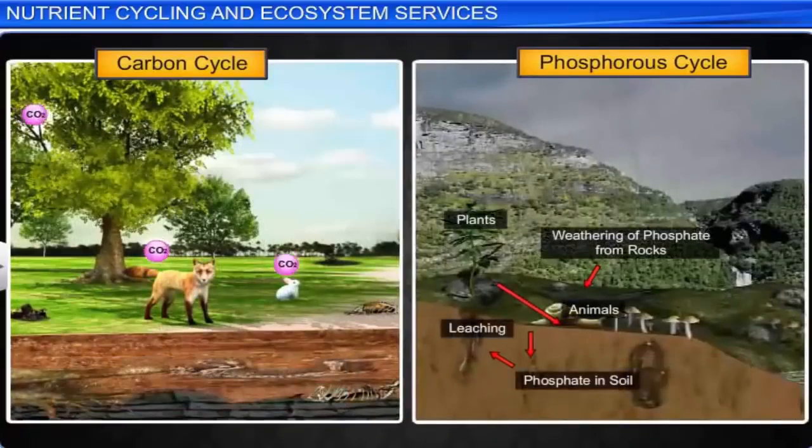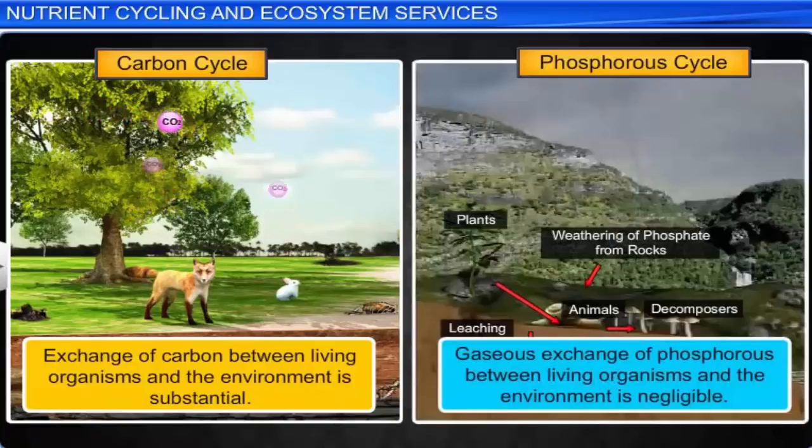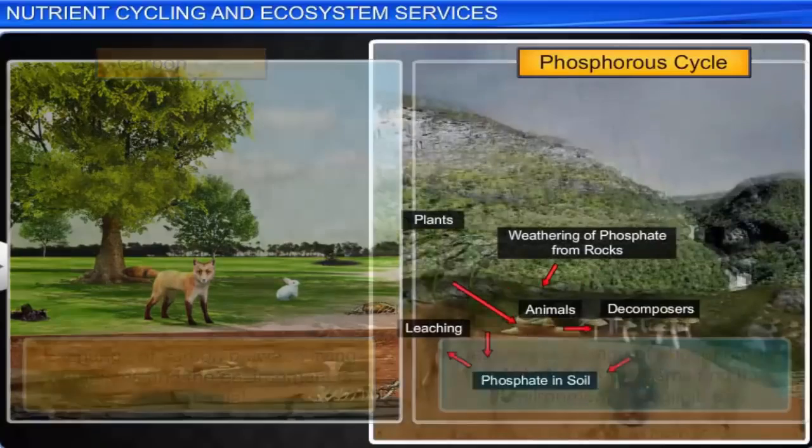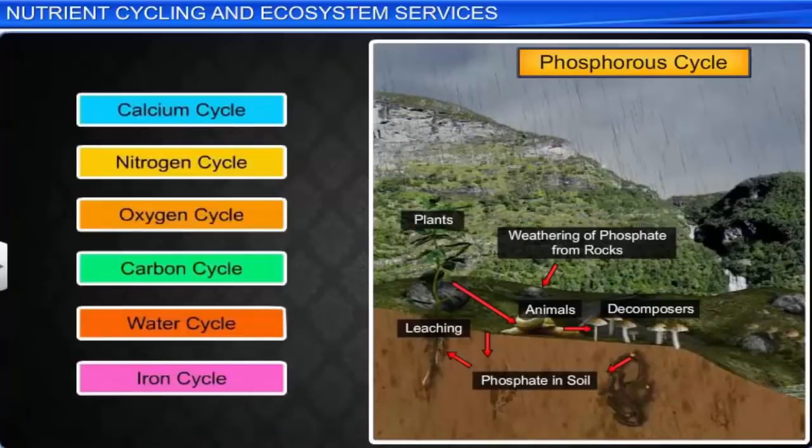Also, unlike in the carbon cycle, there is very little gaseous exchange of phosphorus between living organisms and the environment in the phosphorus cycle. However, the phosphorus cycle, along with other nutrient cycles, plays a very important role in maintaining healthy ecosystems.